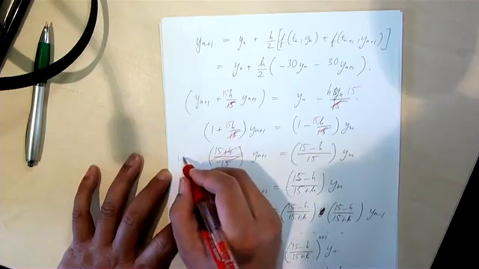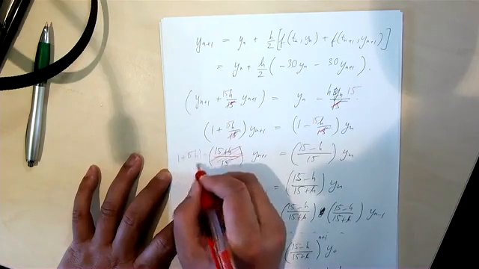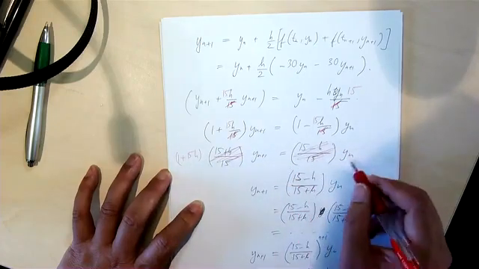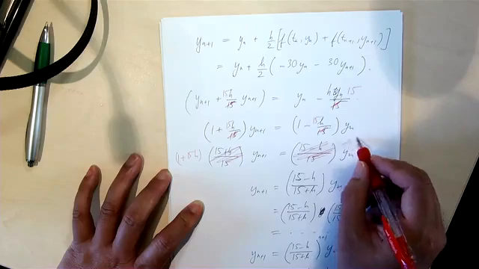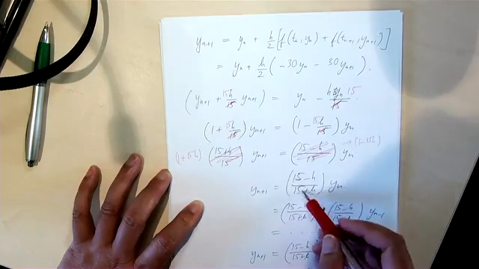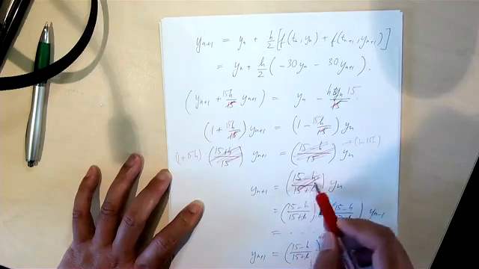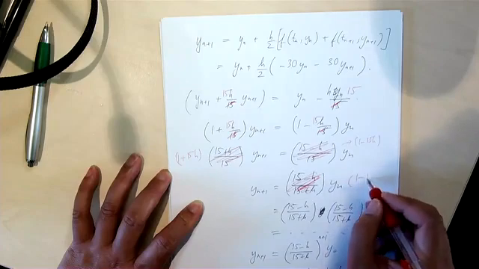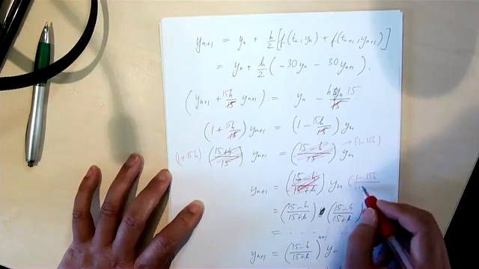So 1 plus 15h, and this one is 1 minus 15h. And then similarly, one is 15h over 1 plus 15h.